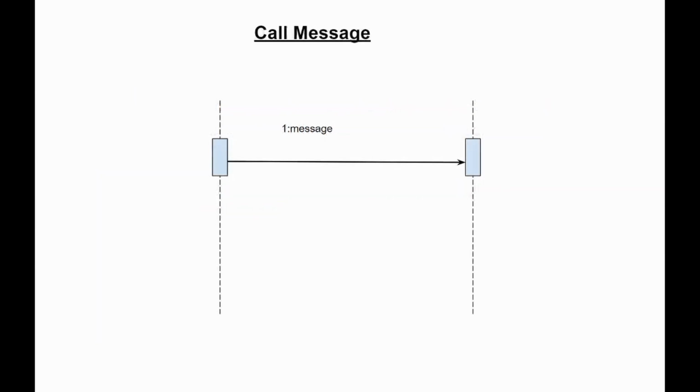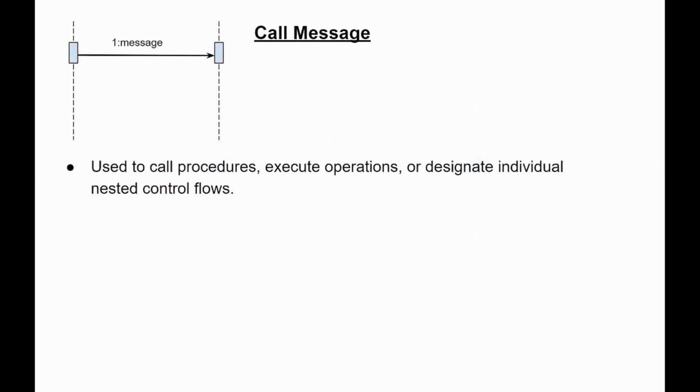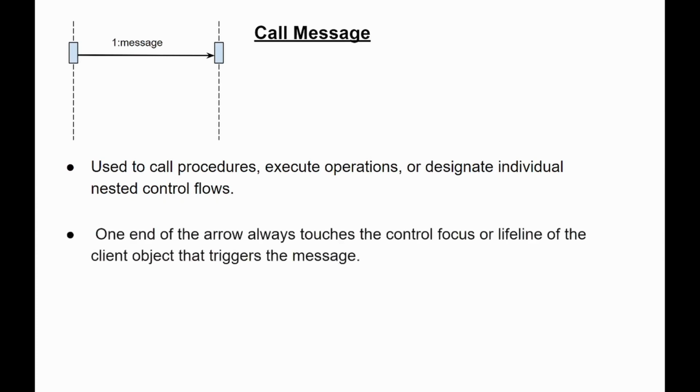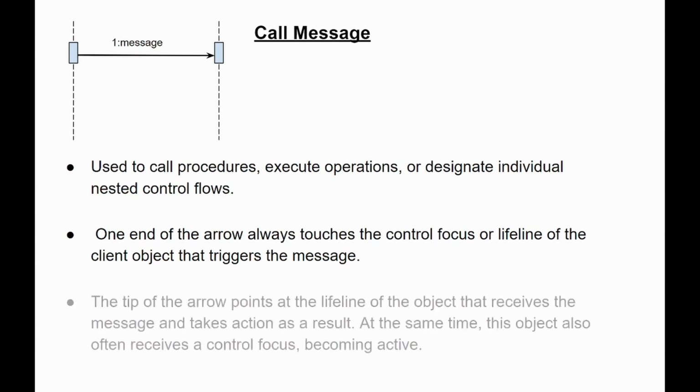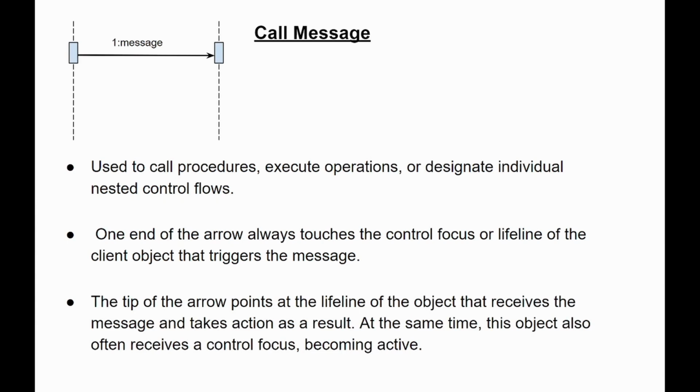Call message. Used to call procedures, execute operations, or designate individual nested control flows. One end of the arrow always touches the control focus or lifeline of the client object that triggers the message. The tip of the arrow points at the lifeline of the object that receives the message and takes action as a result.